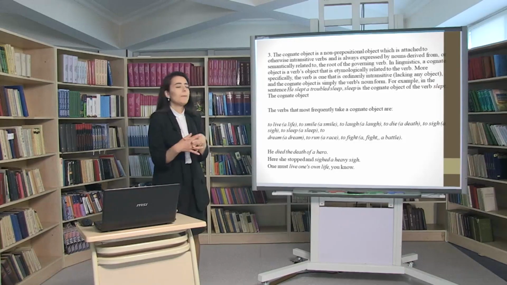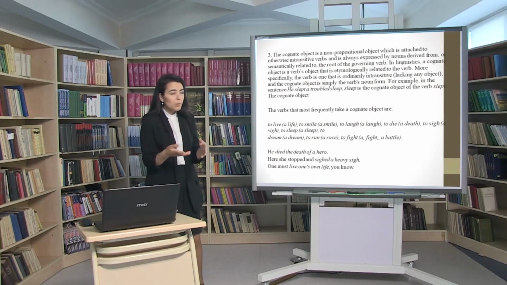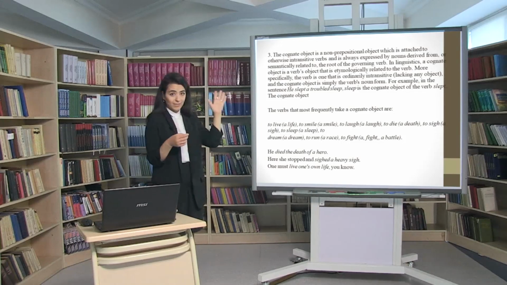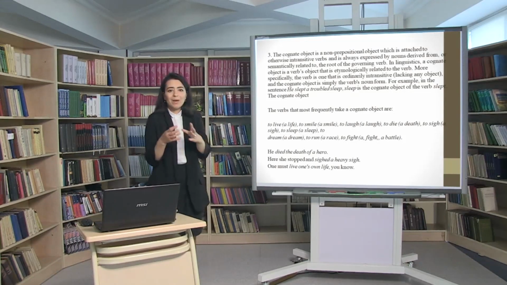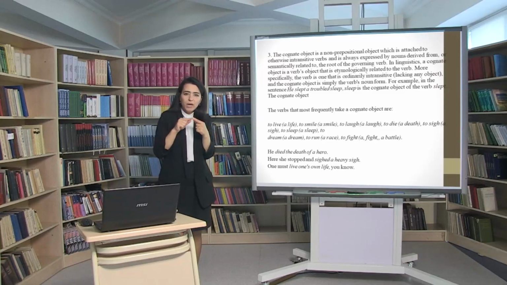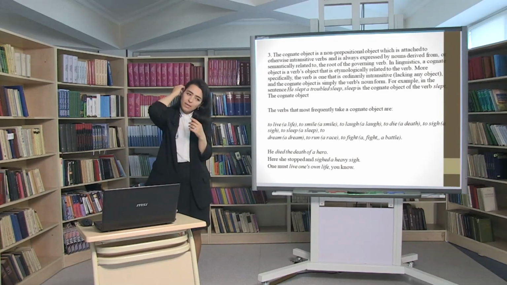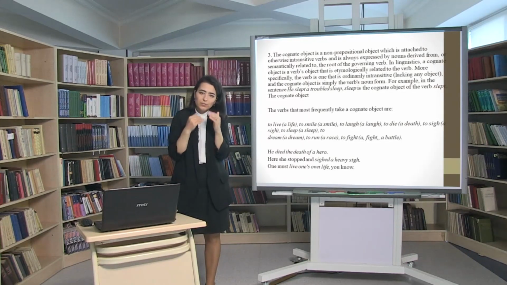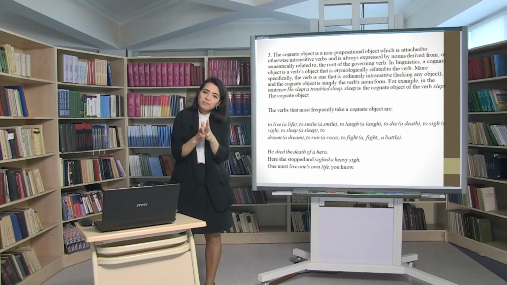Cognate object is a non-prepositional object which is attached to otherwise intransitive verbs, and is always expressed by nouns which derive from the same origin. Cognate object means that in the sentence, the object and the verb should have the same origin. For example, she lived a hard life.